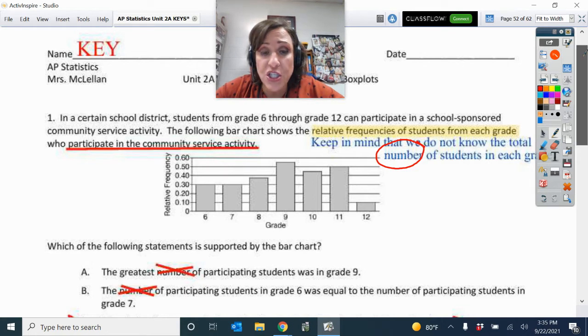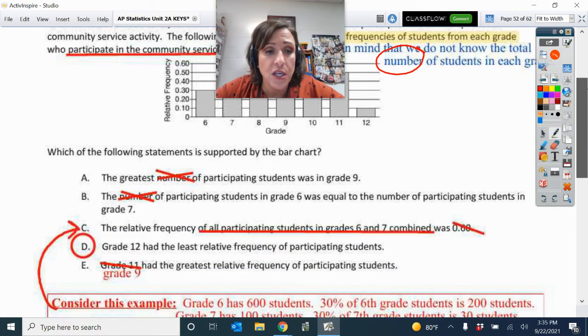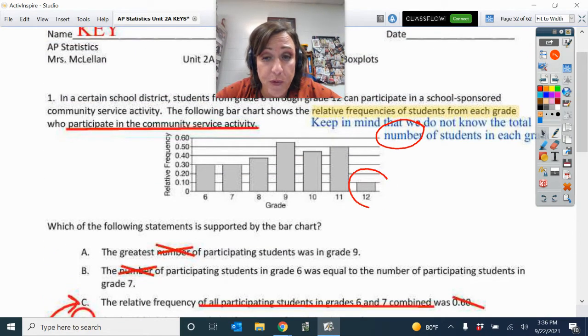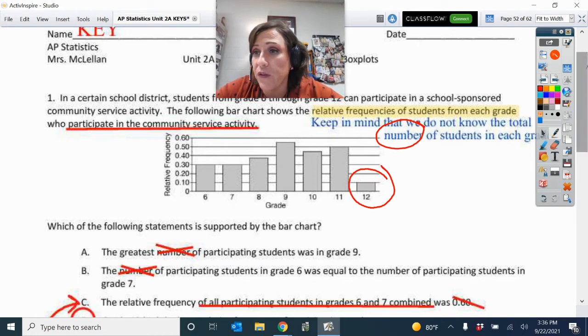All right, so with that being said, you can see that grade 12 had the smallest relative frequency, that's proportion, of students in community service.